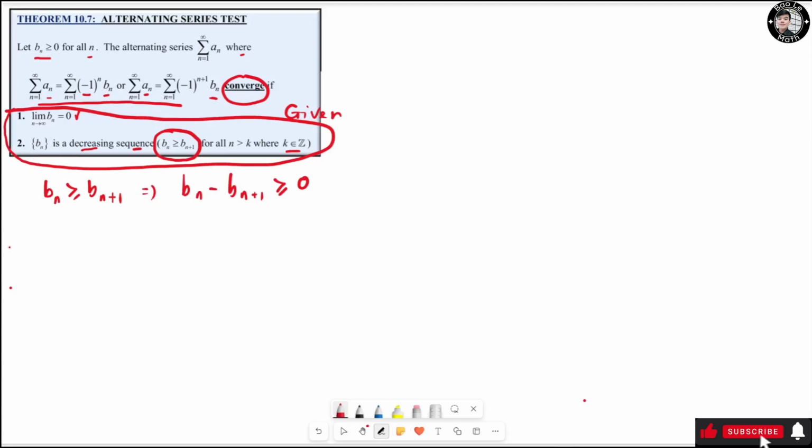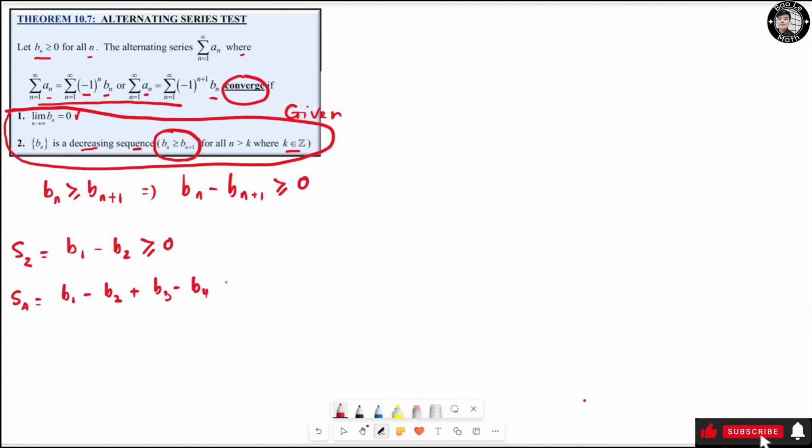Now I'm going to let s sub 2 equal b sub 1 minus b sub 2. For n equals 1, you have b sub 1 minus b sub 2, and this is greater than or equal to 0. Now s sub 4 equals b sub 1 minus b sub 2 plus b sub 3 minus b sub 4.